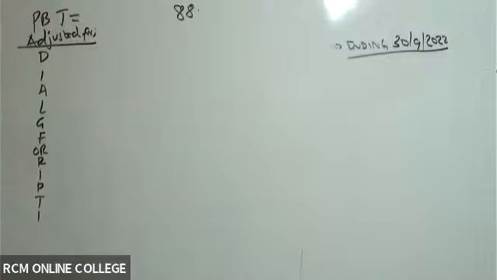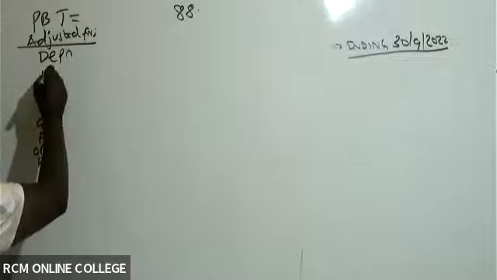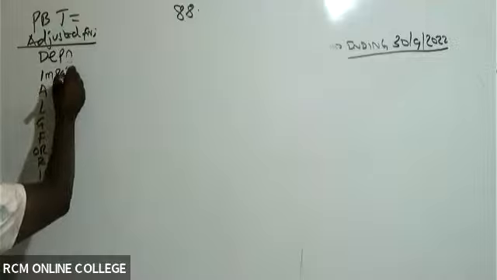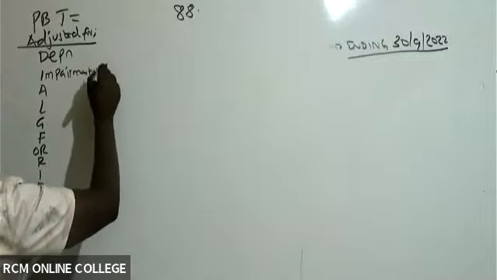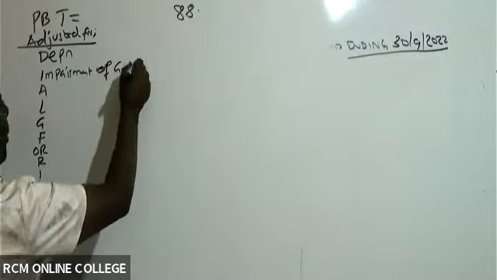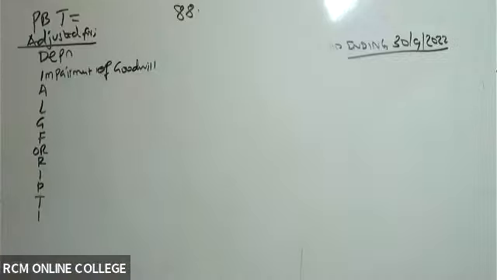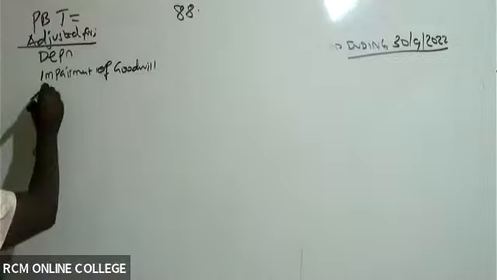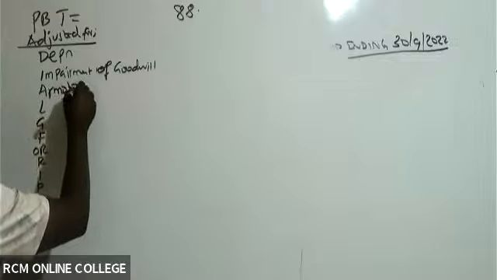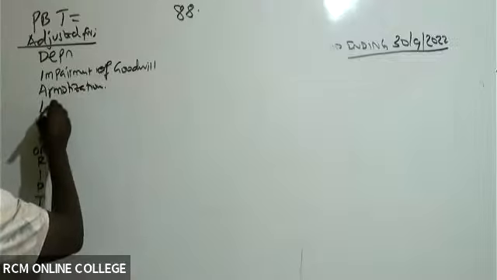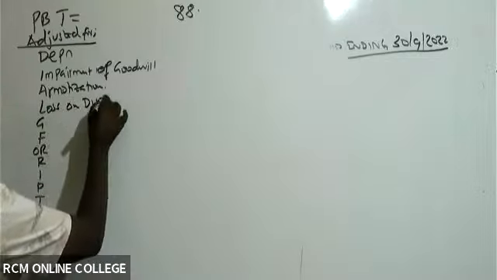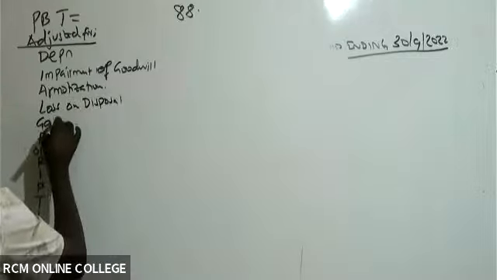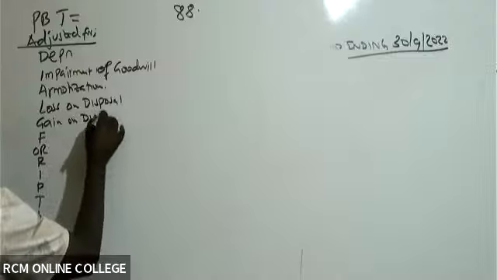So this one here is depreciation, impairment of goodwill, no problem. Then we have amortization, loss on disposal, and gain on disposal.